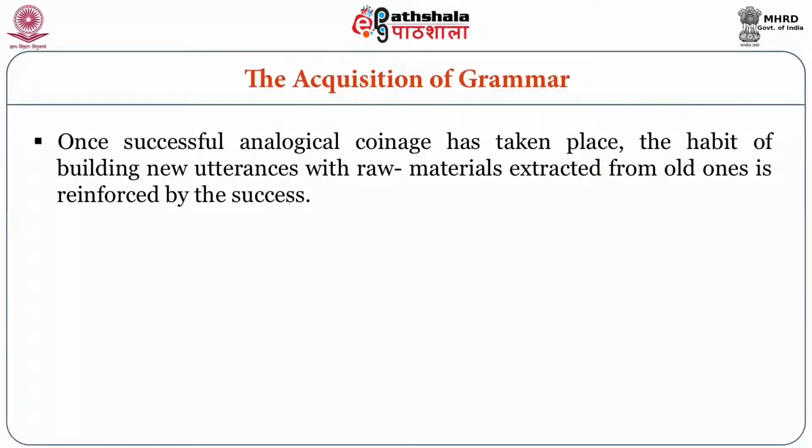What about grammar? How is grammar acquired by the child? Once successful analogical coinage has taken place, the habit of building new utterances with raw materials extracted from old ones is reinforced by the success.